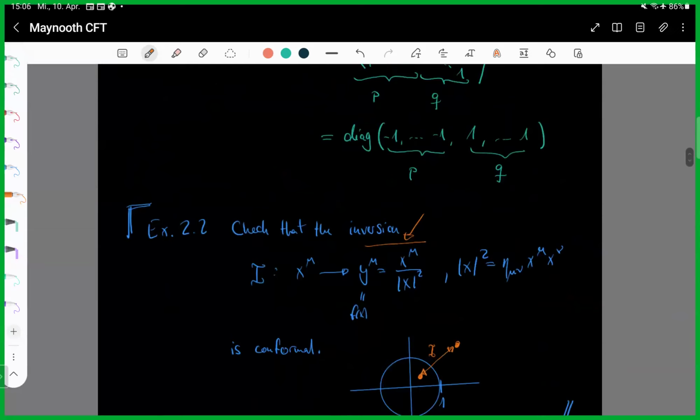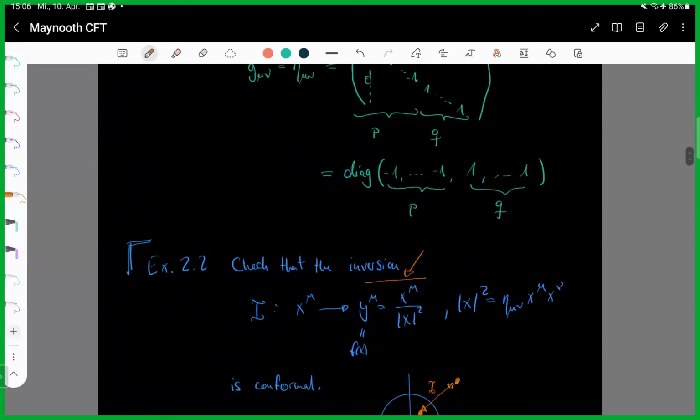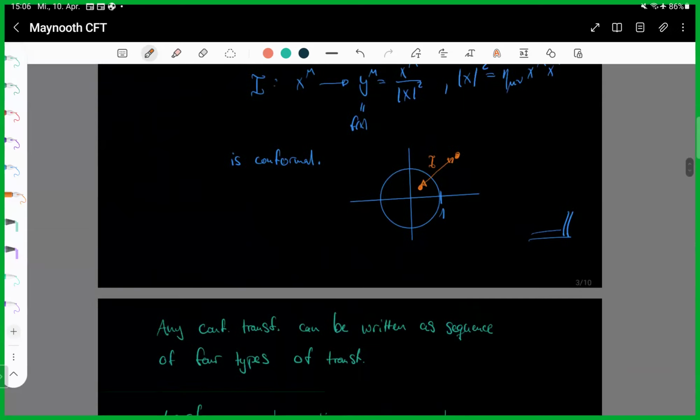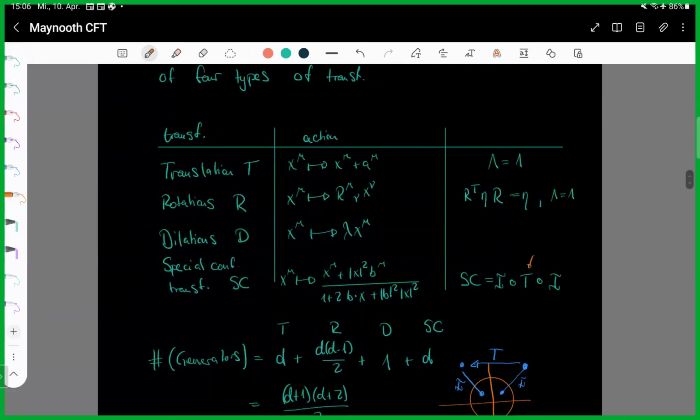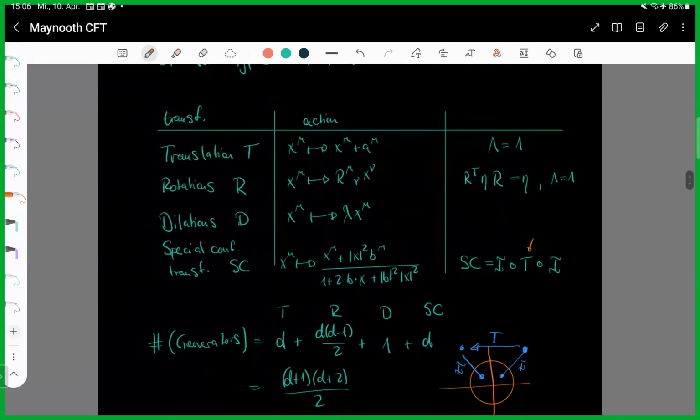Okay, so then we had conformal transformations in general. There is an example that I asked you to evaluate, and more importantly, there are 4 types of conformal transformations, which we call generators. And here I forgot one comment: capital lambda is just lowercase lambda squared. That's here, in case you wondered why there was a blank field.